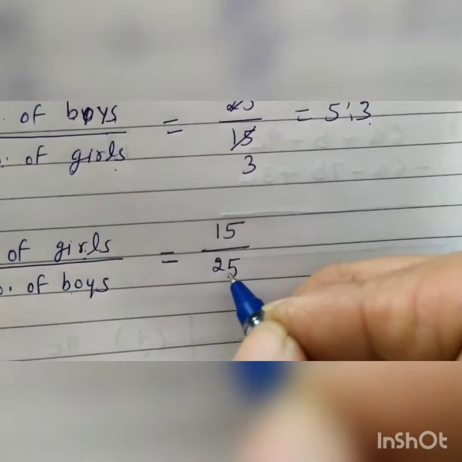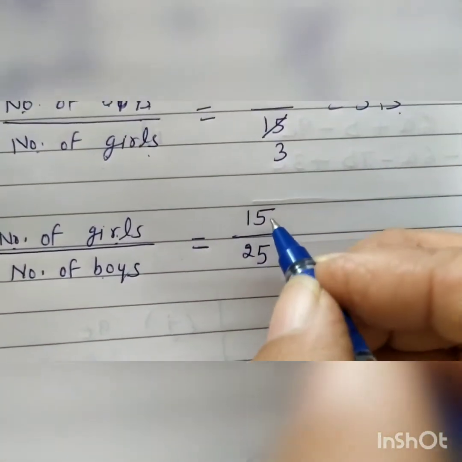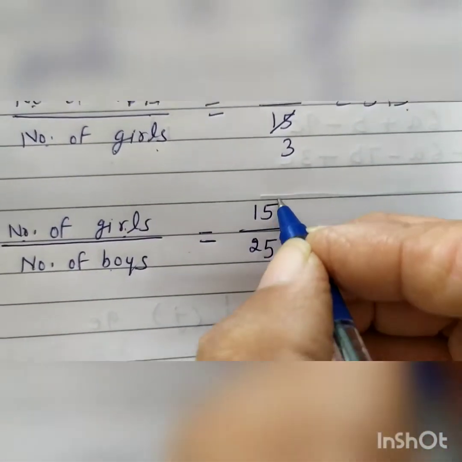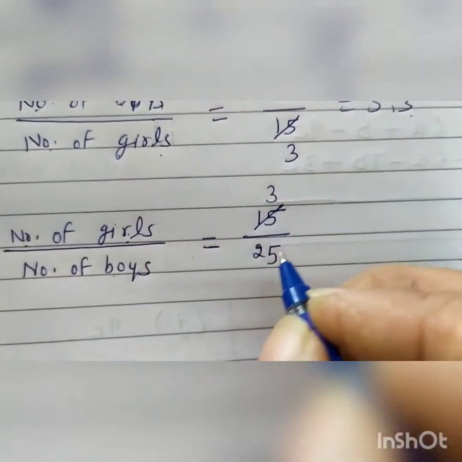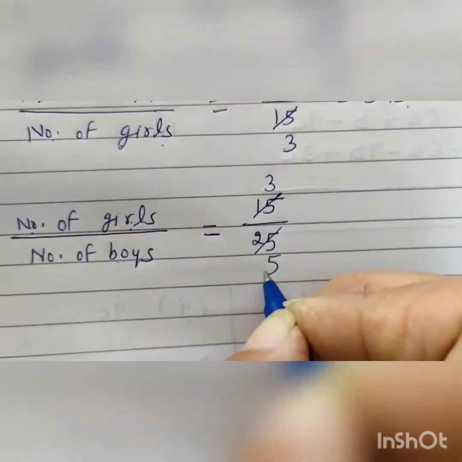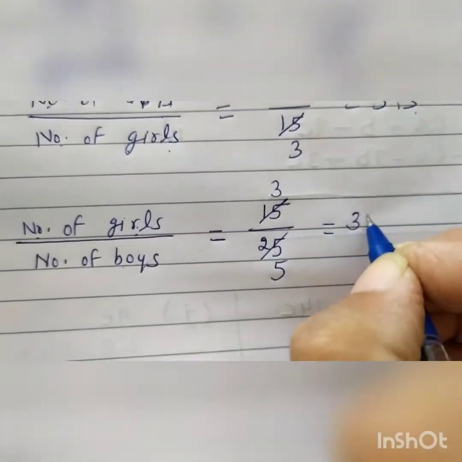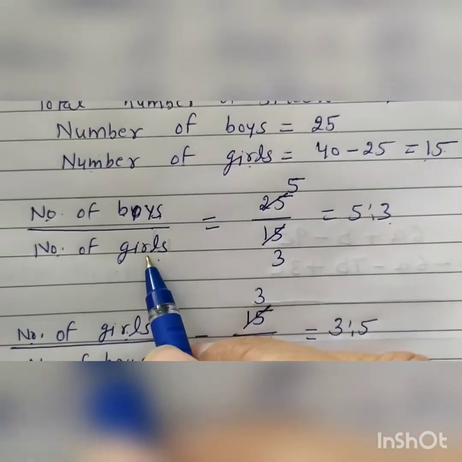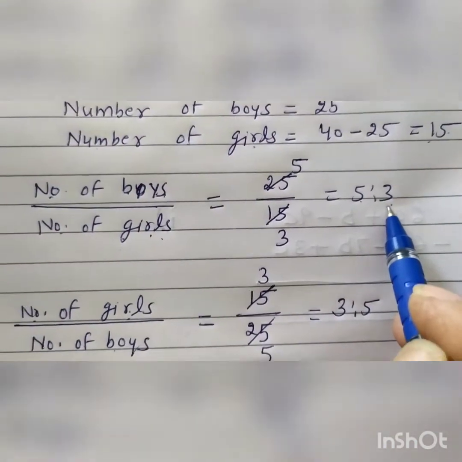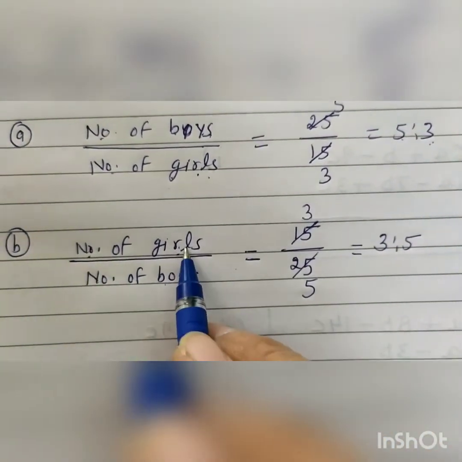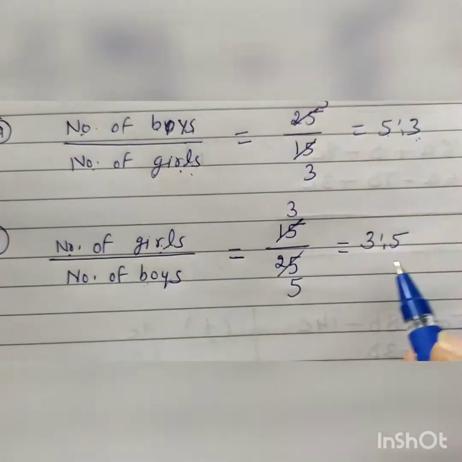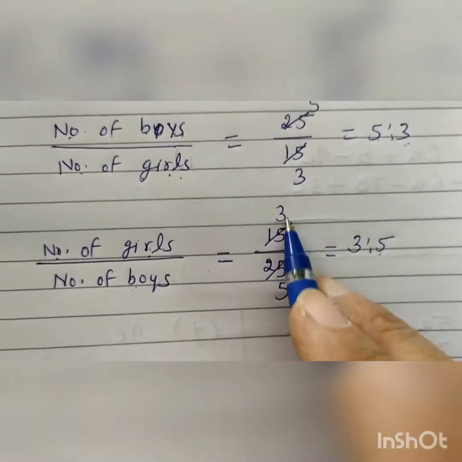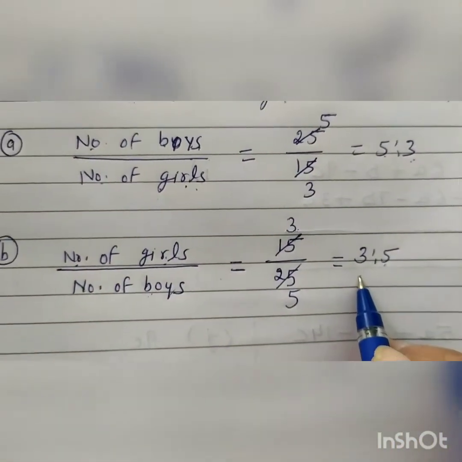Again we will simplify it by the table of 5. 5 1s are 5, 5 2s are 10, 5 3s are 15, 5 4s are 20, 5 5s are 25. It is 3:5. See here, the ratio of number of boys to number of girls is 5:3 and the ratio of the number of girls to the number of boys is 3:5. It is just opposite.